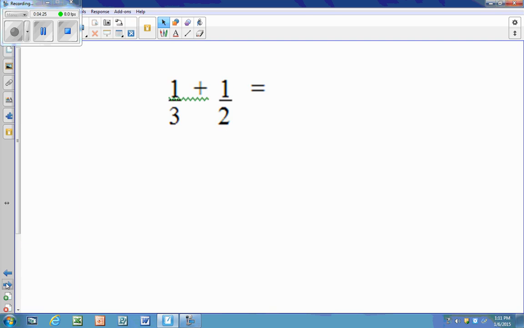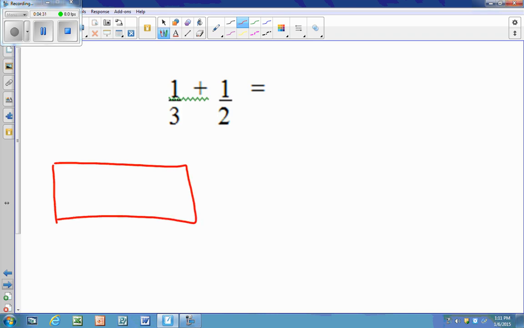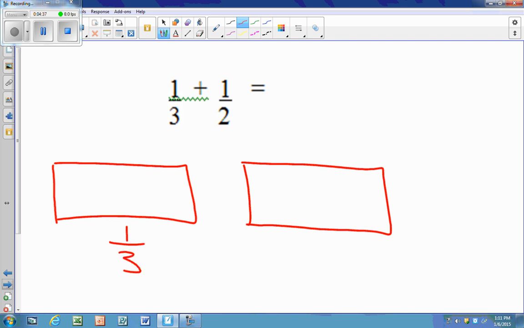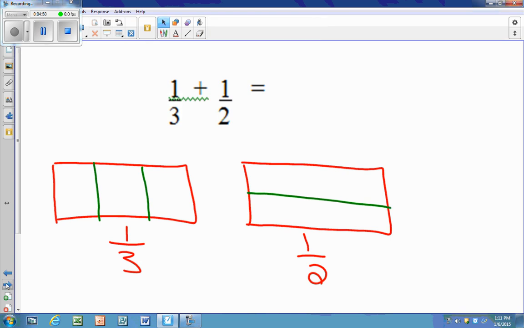Let's do another example together. We have 1/3 and 1/2. We're once again going to draw our rectangles. Going to split my first one into thirds vertically, and my second one into halves horizontally. Then I'm going to shade them in.